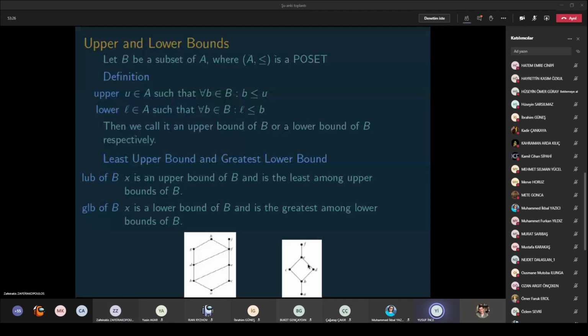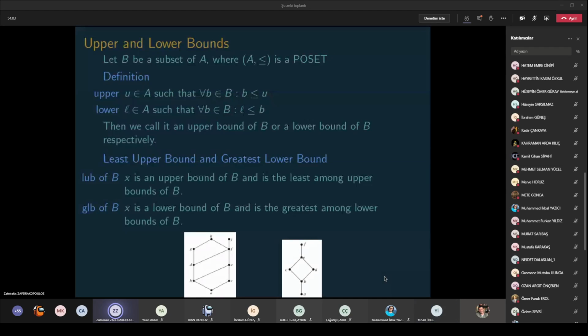So the set B is B, C, E, D. For it, A is a lower bound, and B is also a lower bound, so B is the greatest lower bound.